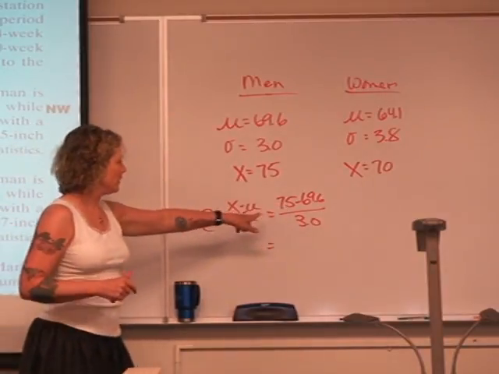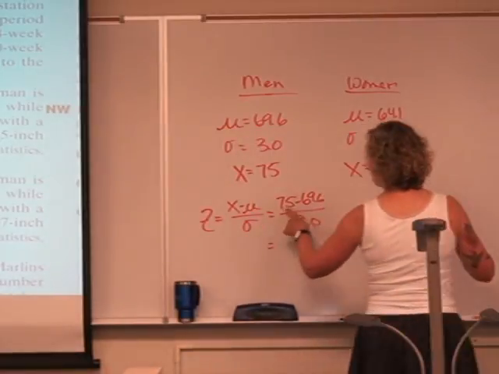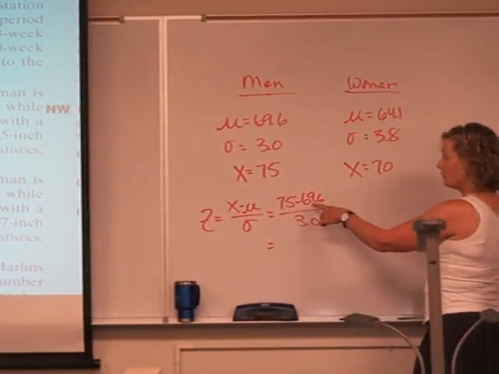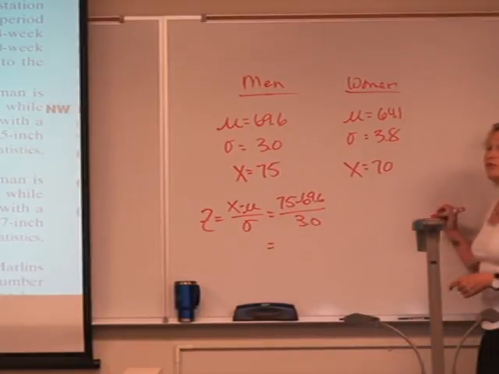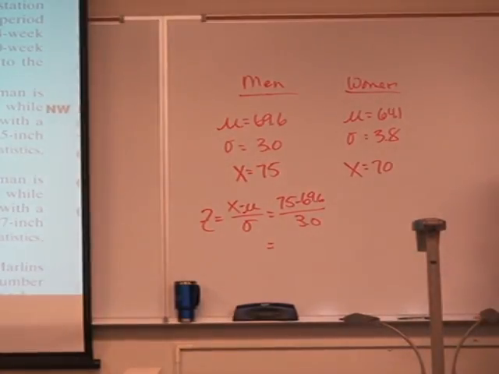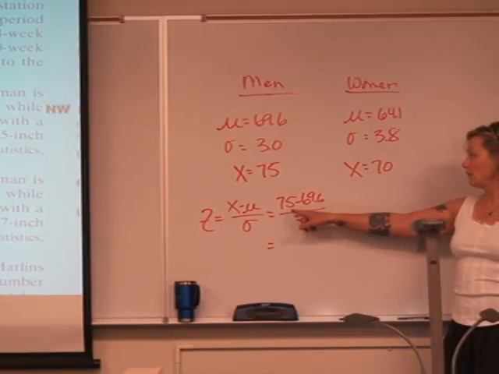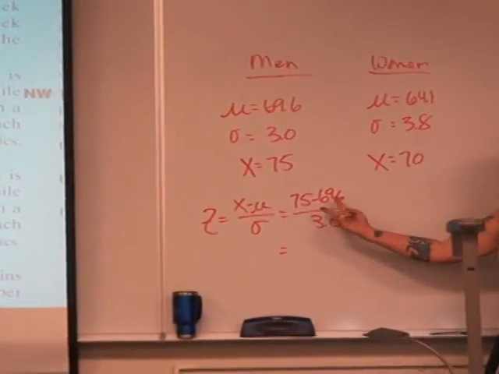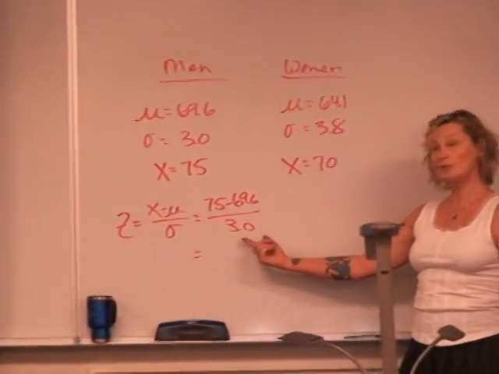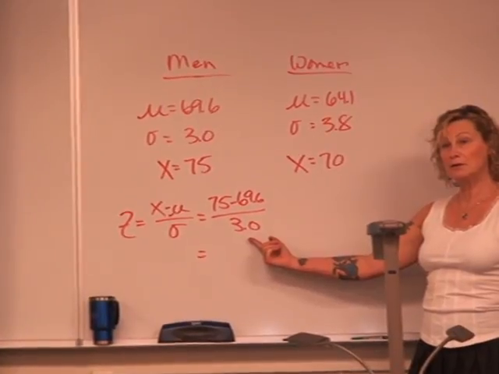So for 75, note he's taller than average, so his z-score is going to be positive. That should make sense because in the numerator, if you take his height minus the mean, you're going to get a positive number because he's taller. And then standard deviation is always positive.